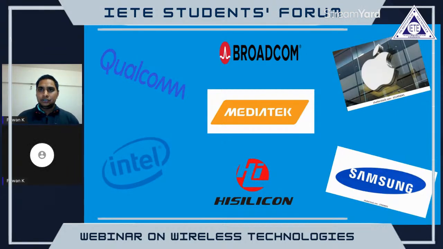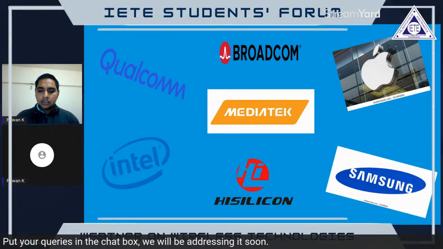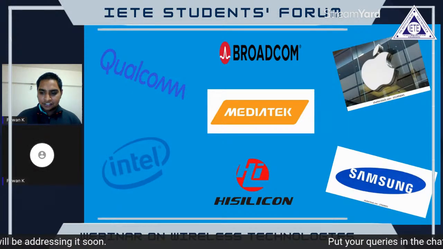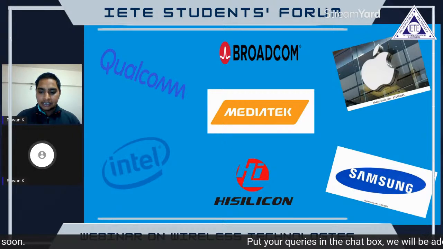You can enter these companies as a software engineer, RF engineer, DSP engineer, or firmware engineer. In software you can also work in different layers: the physical layer, network layer, layer 3, layer 4.